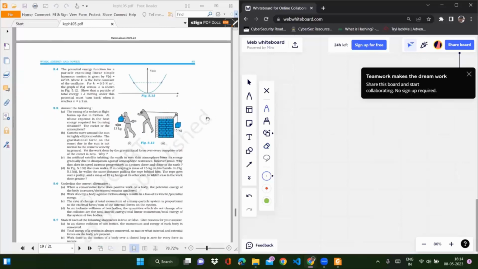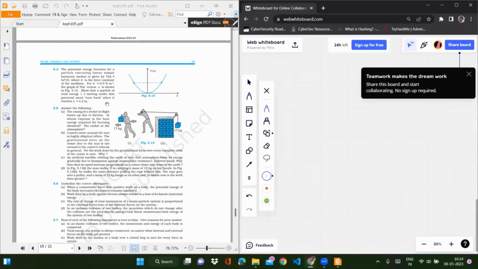In this case, it is asked that the casing of a rocket in flight burns up due to friction; at whose expense is the heat energy required for burning obtained, the rocket or the atmosphere?